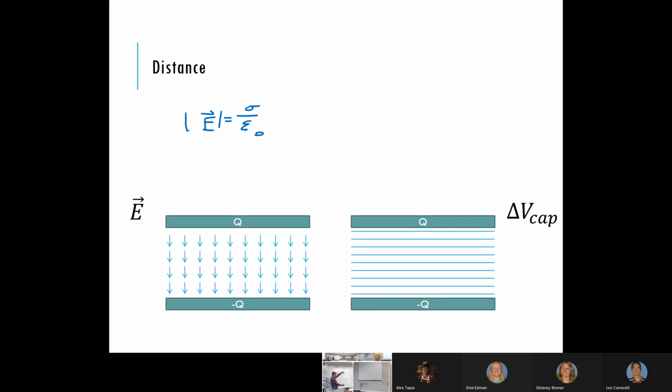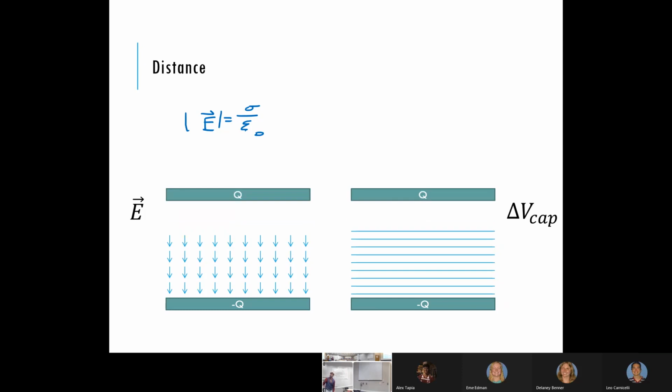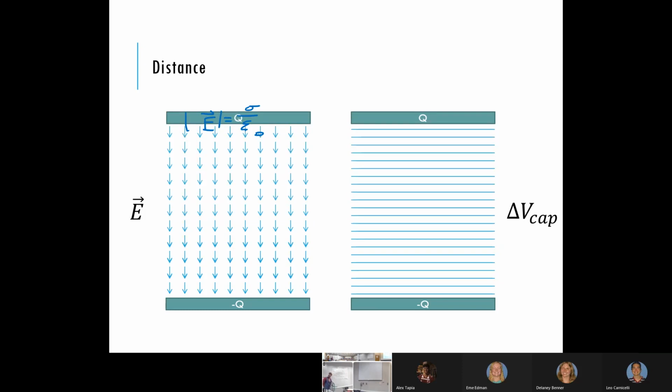Do I have less equipotentials or more between the two plates now? I have more, right? There we go. I stretch it, the electric field stays the same, which means the spacing between my equipotentials stays the same, which means if I stretch the plates apart, I have more equipotentials between them.